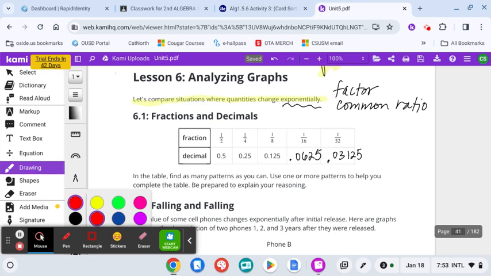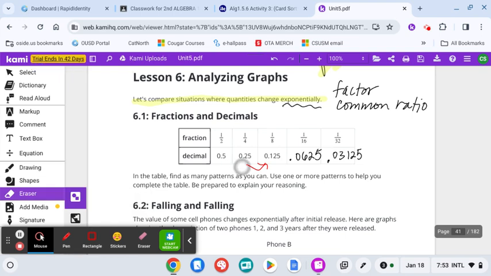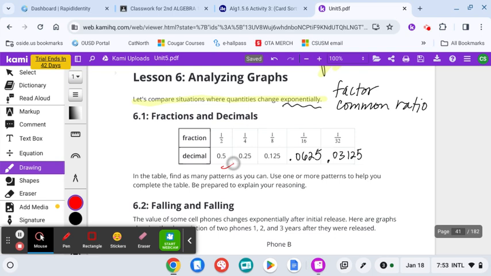Maybe you saw that it was jumping from here to here and from here to here as multiplying by 1/2 or times 0.5 or dividing by 2. All of those things mean the same thing, so let's write that out. This is known as our common factor.